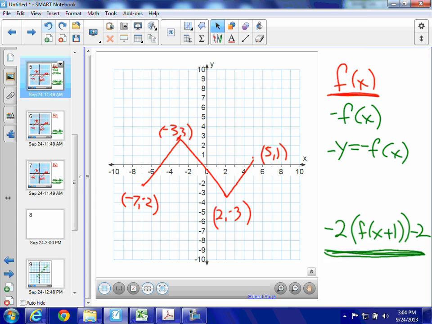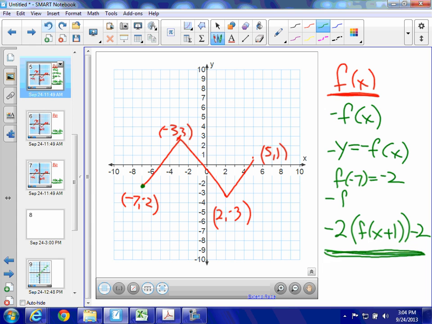So let's do that in green. When I had right here f of negative 7, f of negative 7 equals negative 2. Right there is that green point right over here that I just made. Well, that means negative f of negative 7 is equal to negative 2 or positive 2.